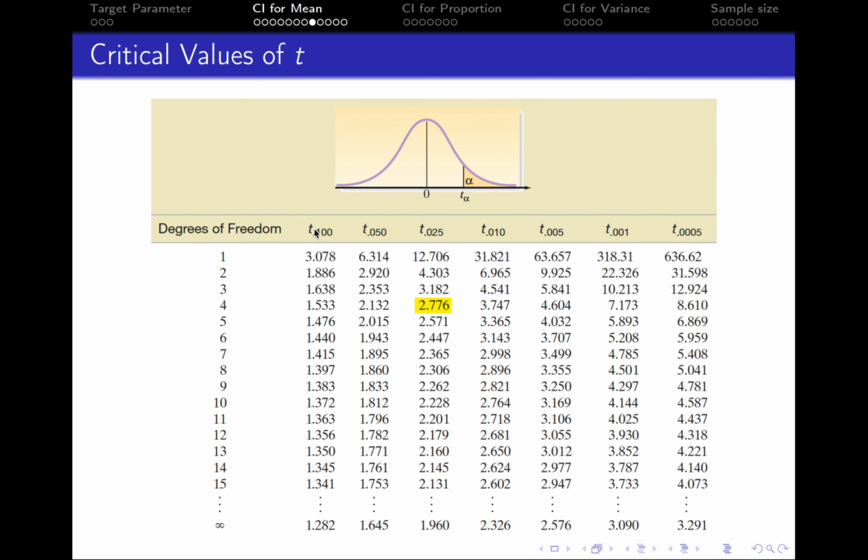So the t-value for 10%, for 5%, for 2.5%, for 1%, for 0.5%, for 0.1%, and 0.05%. First we need to find the degrees of freedom, we need to define the level of significance, and then after this we can get the value from the table.